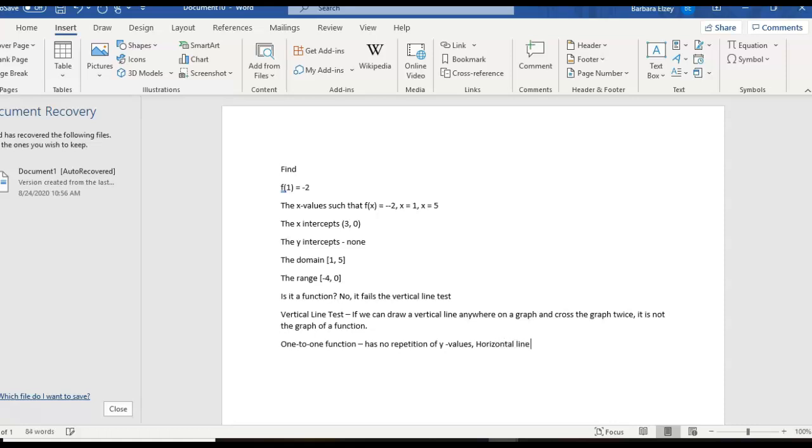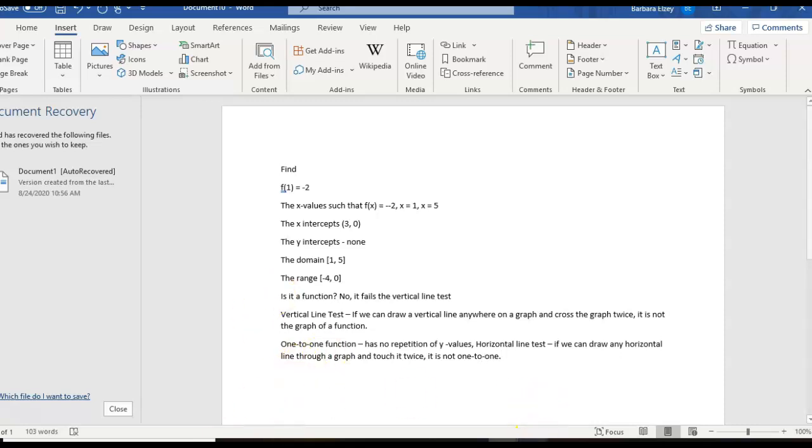Horizontal, there we go, line test. If we can draw any horizontal line through a graph and touch it twice, it is not 1-to-1.